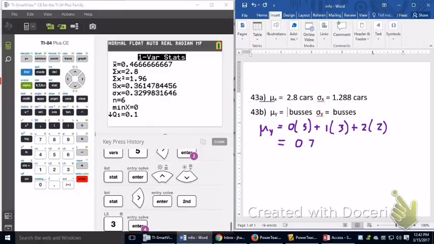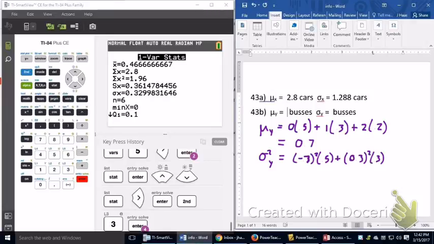Now, to get the variance, I find the deviations, so 0 minus 0.7 is negative 0.7 squared times 0.5, and then 1 minus 0.7 is positive 0.3 squared times 0.3.